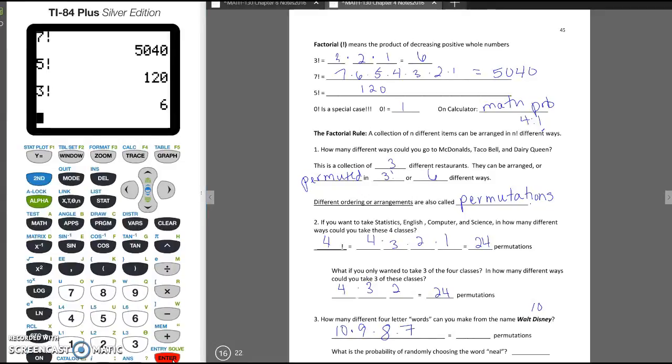And if you do 10 times 9 times 8 times 7, you get 5,040. So the probability of randomly choosing the word Neal, N-E-A-L, well, that's just one of the words over a total of 5,040.